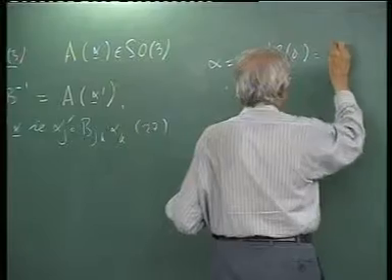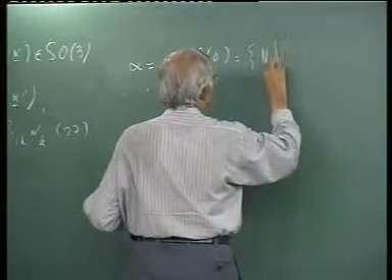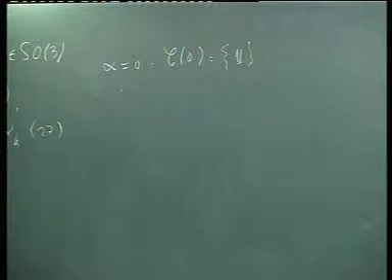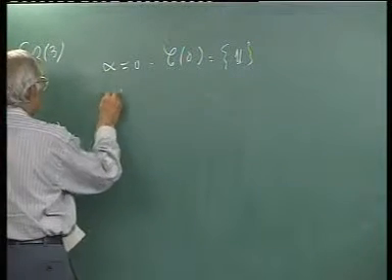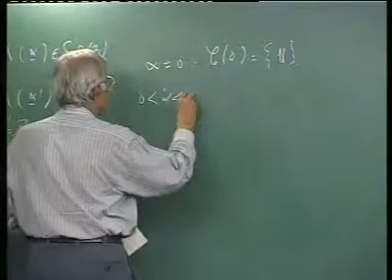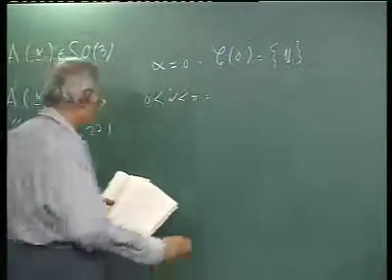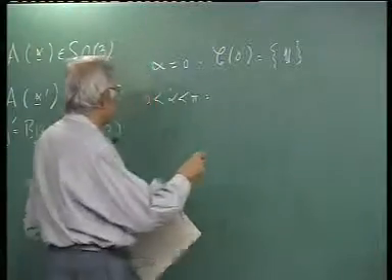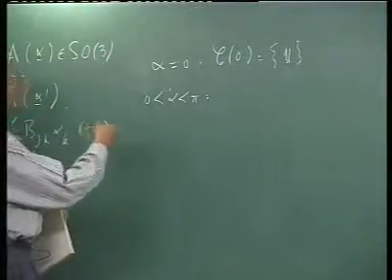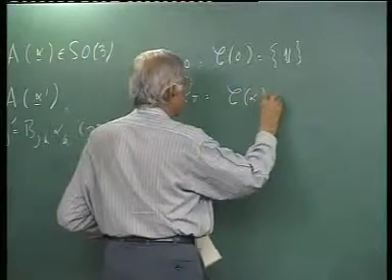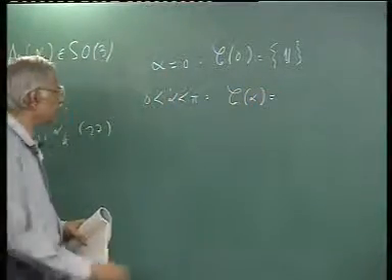This is the conjugacy class of the unit element, that is always in a class by itself. Then I look at rotations by amount alpha, where alpha is strictly greater than 0, strictly less than pi. For each such alpha, I have an equivalence class.